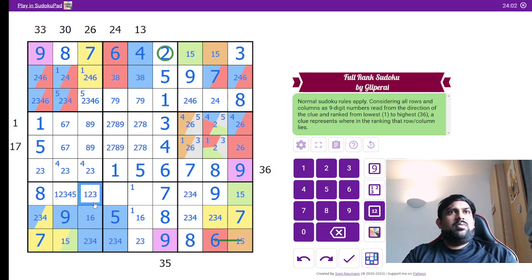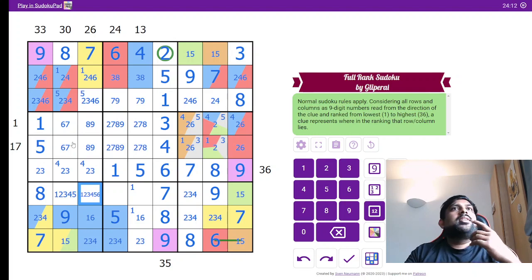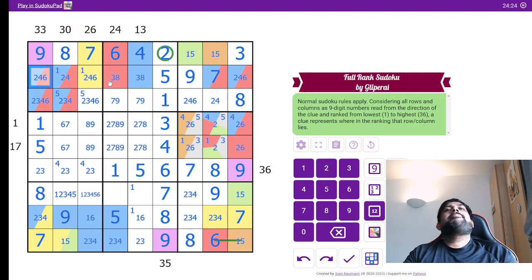So this is ideally 1, 2, 3, 4, 5, 6. That's how it looks like. Now, can I remove something from somewhere? This is the highest digit.